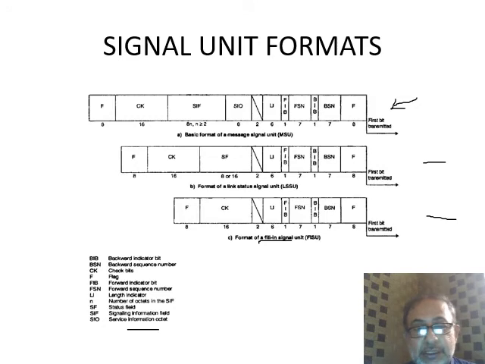You can see we have the SF over here, which is only the status field, because we are interested in knowing the status of a particular link using this particular signal unit. But in this one, we have the complete signaling information, and the service information is also present.